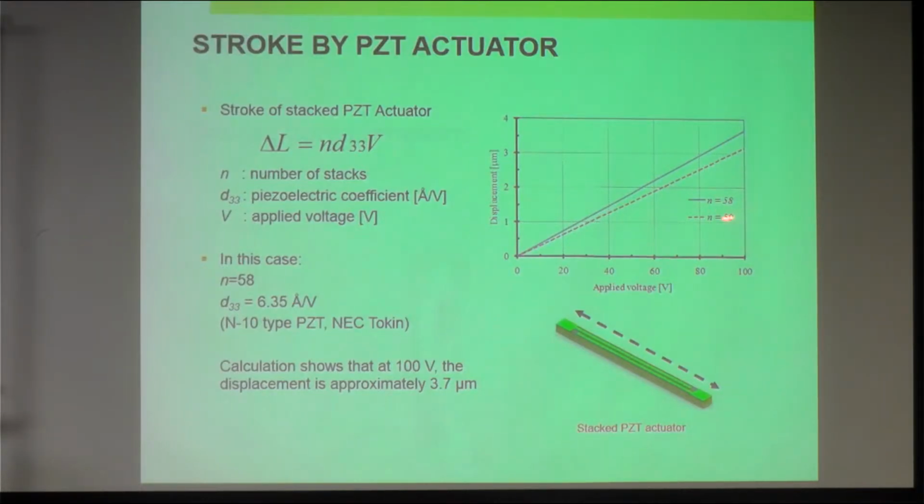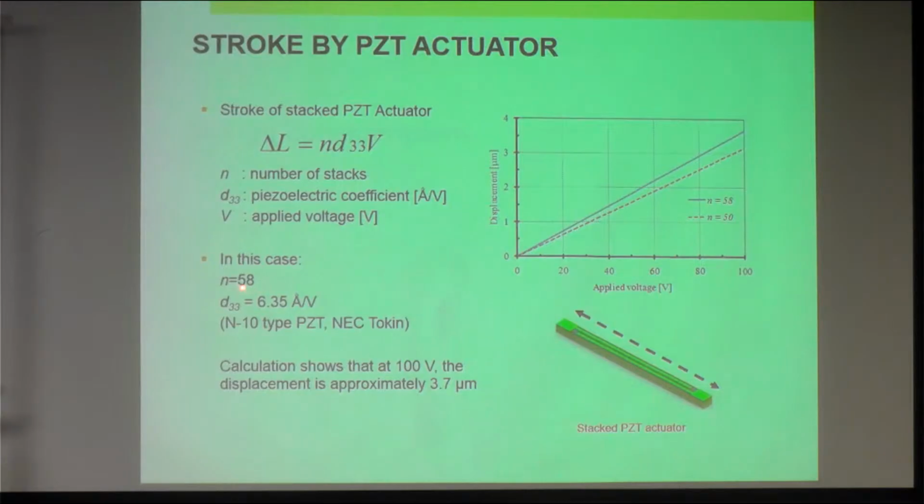So just a comparison of two types of layers, the N, the layer here. So N equals 50, you can get up to maybe 3.2. N equals 58, you can get about 3.6 at 100 volt. So that is the difference between these two numbers of layers.